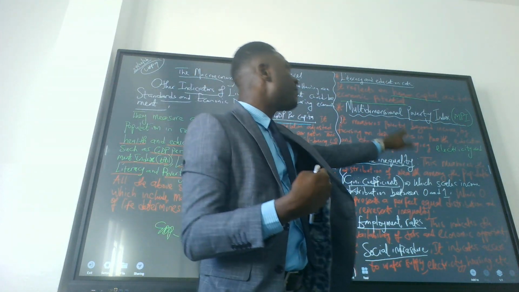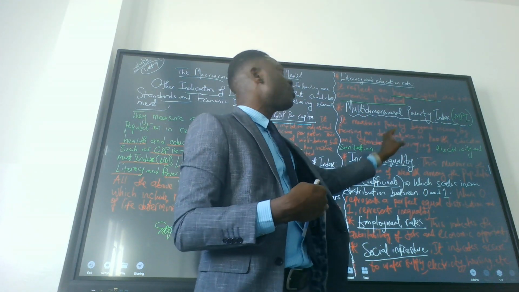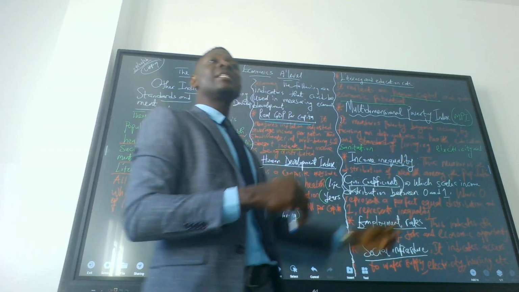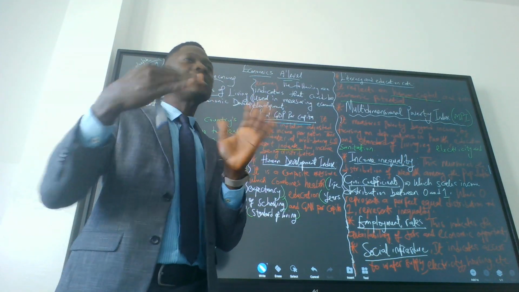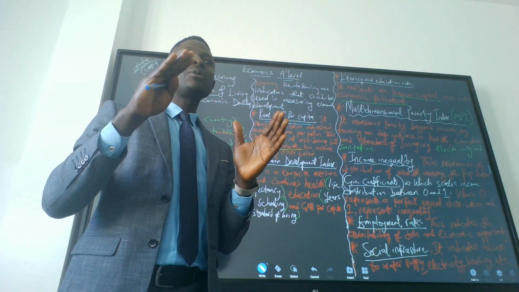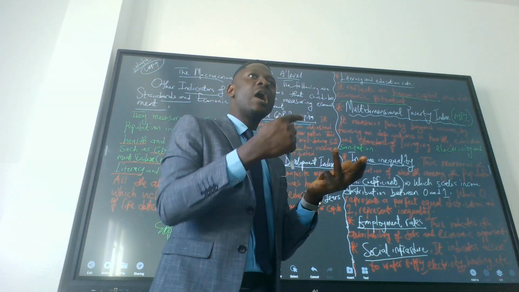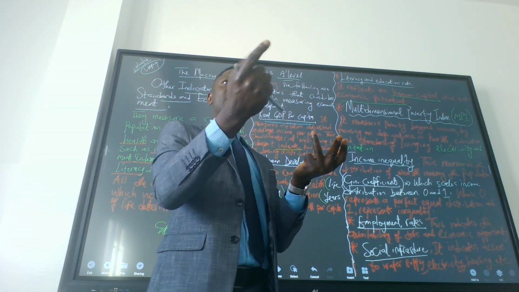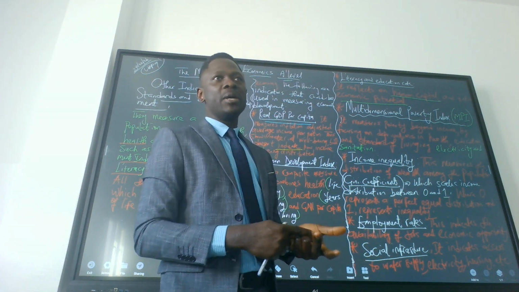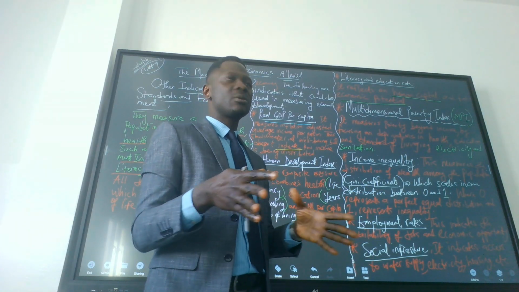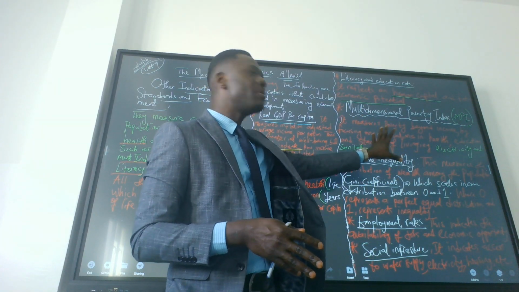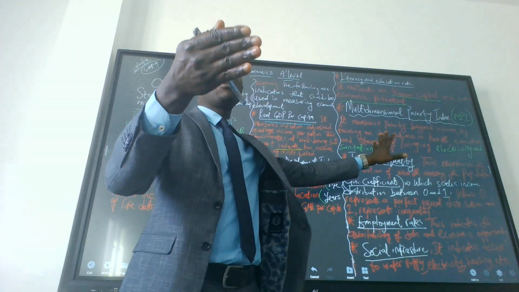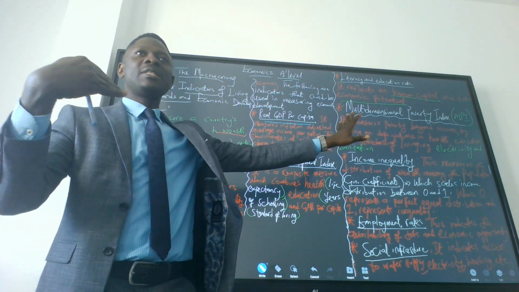It's focused on deprivation in health, education, and standard of living, such as electricity and sanitation. It talks about how we are being deprived of healthcare, how we are being deprived of a good environment. So for MPI, it's more of what we don't have than what we have.